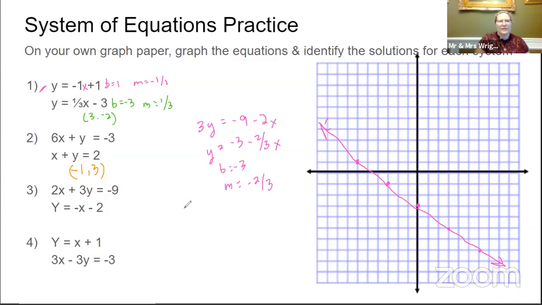All right, so let me get the next one. y equals negative x minus 2. Okay, so my b equals negative 2 and my m equals negative 1 over 1. So negative 2 right there, negative 1 over 1.